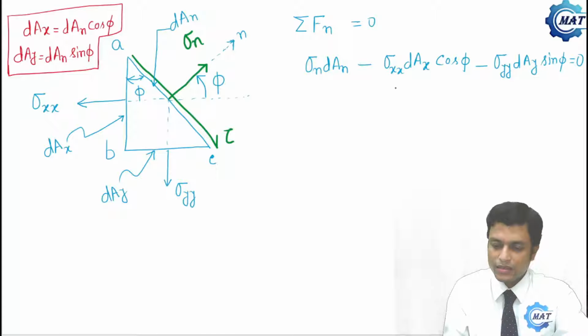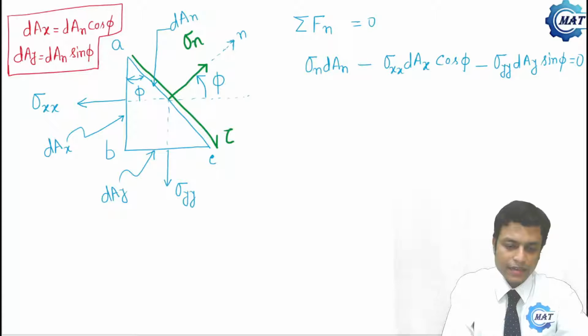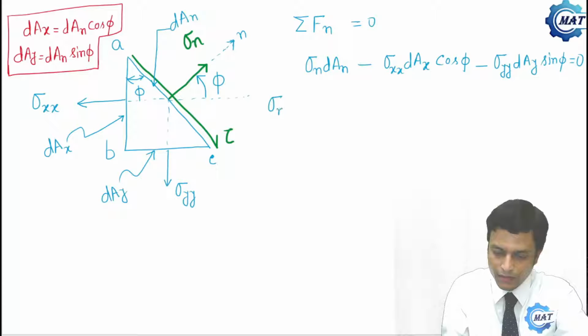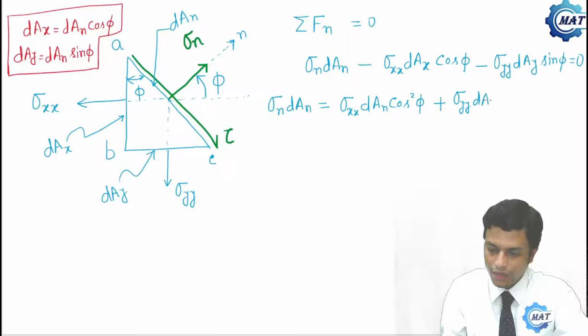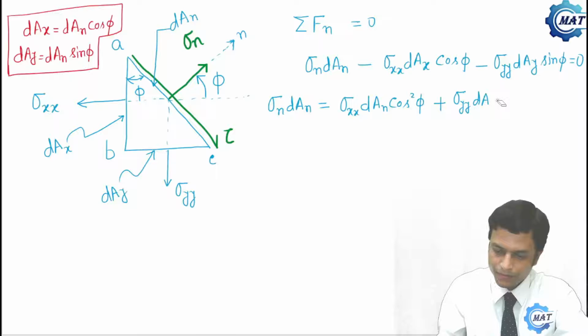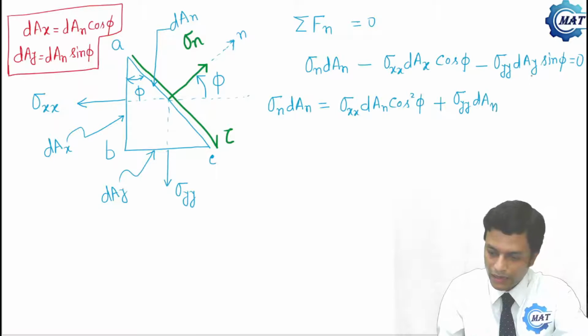Now replace dAx and dAy by dAn. So what we will get? Sigma n dAn is equal to sigma xx dAn cos phi times cos phi, that is cos square phi, plus sigma yy dAn sin phi times sin phi, that is sin square phi.